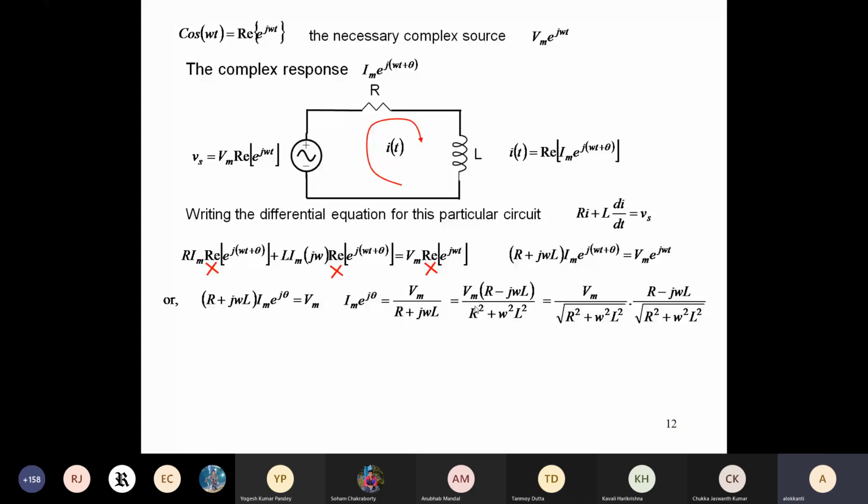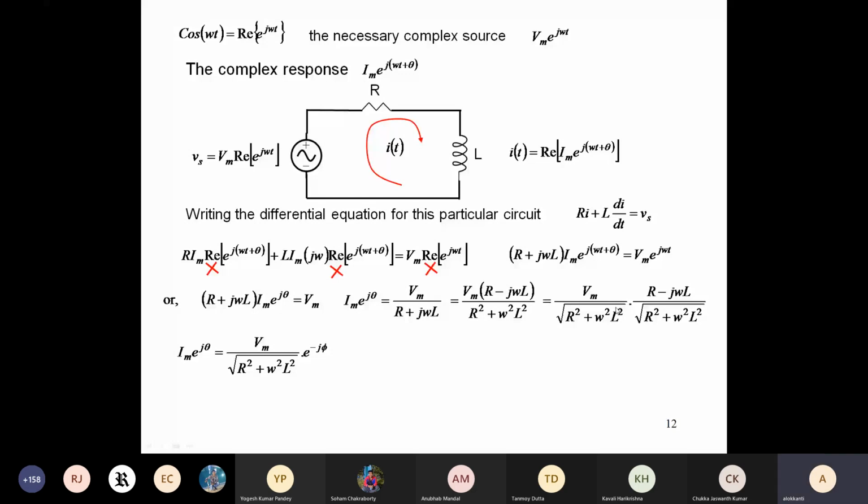Okay, so from this, what do you get? Your Im is basically equal to Vm by root over R square plus omega square L square. So Im e to the power j theta is Vm by root over R square plus omega square L square, and e to the power minus j phi.